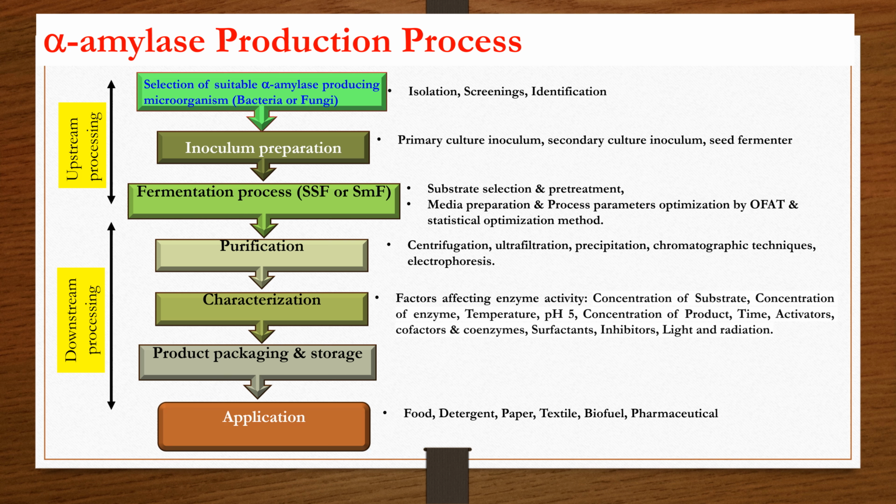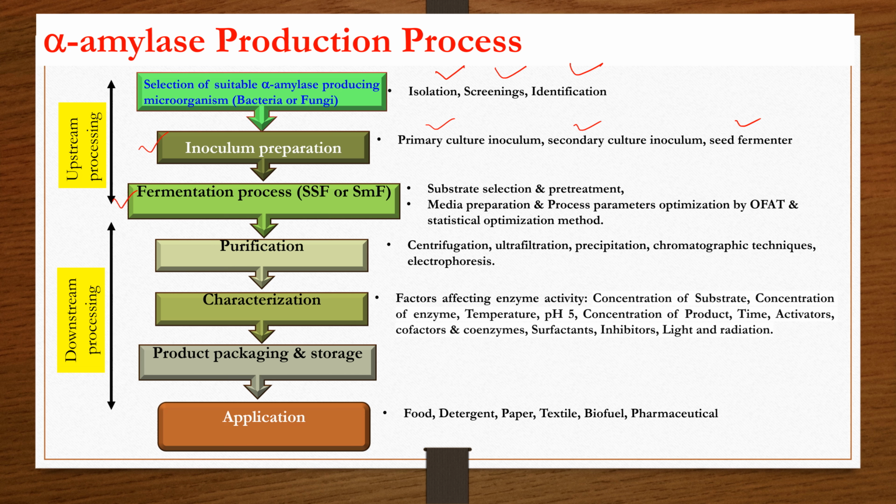This is an overview of the alpha-amylase production process by solid-state fermentation or submerged fermentation process. First of all, selection of a suitable alpha-amylase producing microorganism, either bacteria or fungi. In that case, isolation, screening, and identification are the major steps involved. Inoculum preparation means primary culture inoculum, secondary culture inoculum, and then seed fermenter.